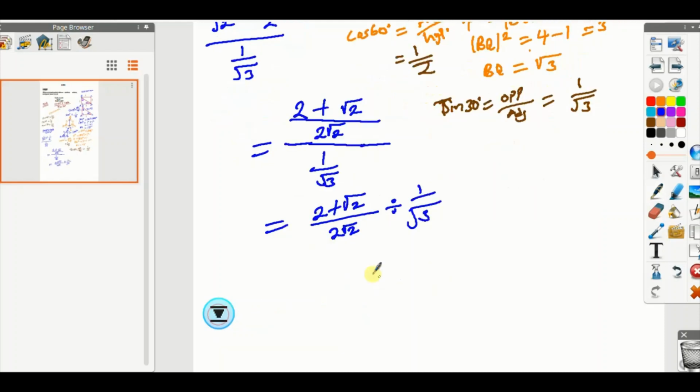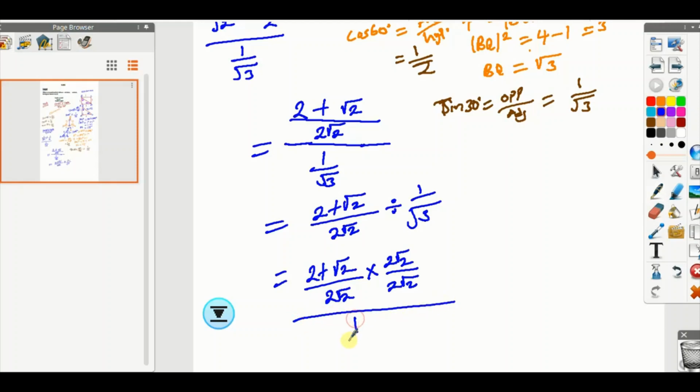So from here now, let's rationalize this. We have 2 plus square root of 2 over 2 root 2, multiplied by 2 root 2 over 2 root 2. When you divide 2 root 2 by 2 root 2, it is the same thing, it will be equal to 1. So we are not doing anything there. From here now, we have our 1 over square root of 3, right?